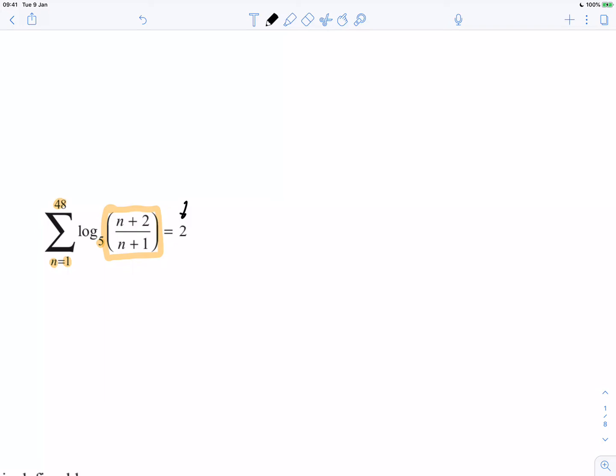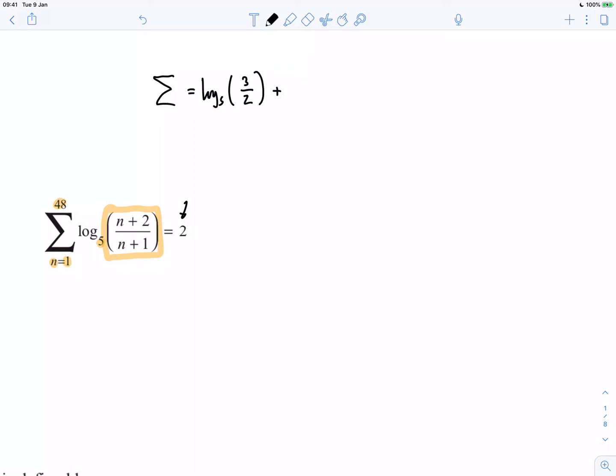So what have we got here? The first term is when n is 1, so I've got log base 5 of (1 plus 2, which is 3) over (1 plus 1, which is 2), plus. So I'm just going to put sigma there instead of writing it out. We know what sigma means. Sigma is the sum.